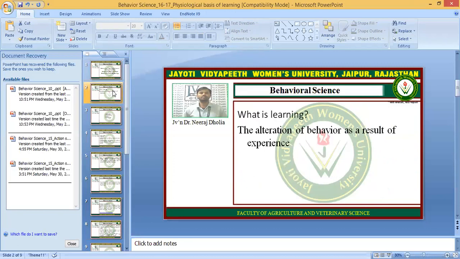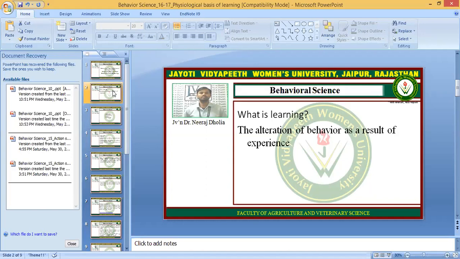Learning or experience is defined as a behavioral change or alteration in behavior as a result of experience. Means if you learn something, you have the experience, and after getting the experience, there are some changes and alterations in your behavior.